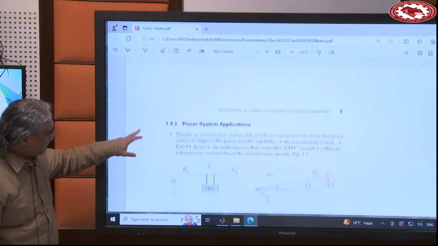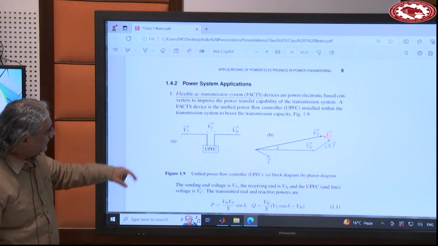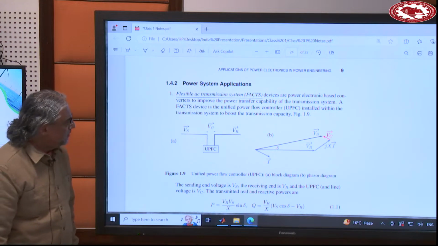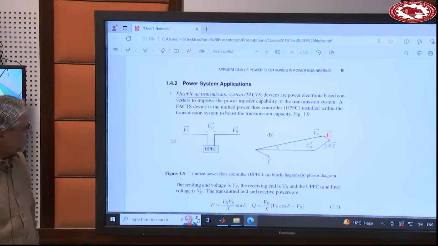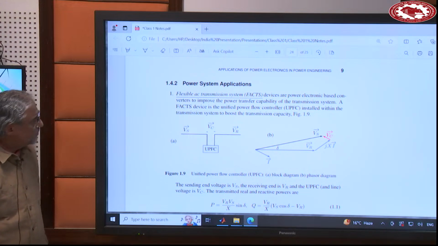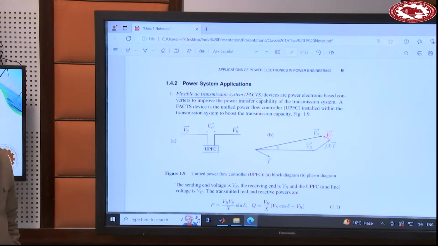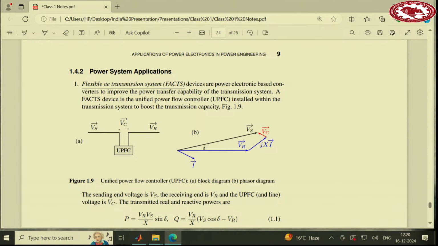In power systems, this is one of the main applications of power electronics: flexible AC transmission systems, or FACTS devices. As the name indicates, this is a transmission device, which is placed in the transmission line.